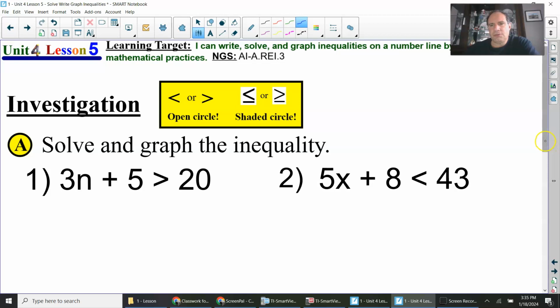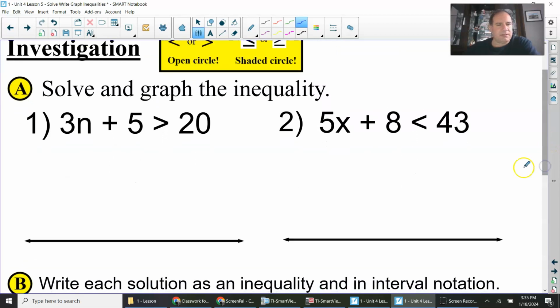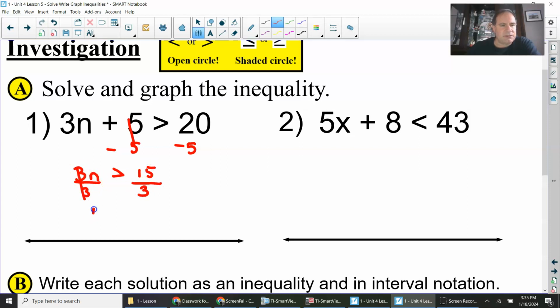Going on to inequalities like these, very simple. You're just thinking, let's do what I would do to solve an equation. Now you subtract 5 on both sides, you get 3n is greater than 15. You divide by 3 on both sides, and you get n is greater than 5.